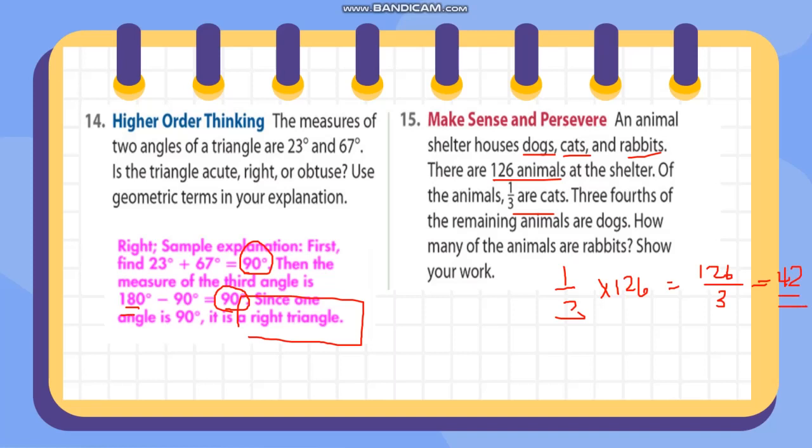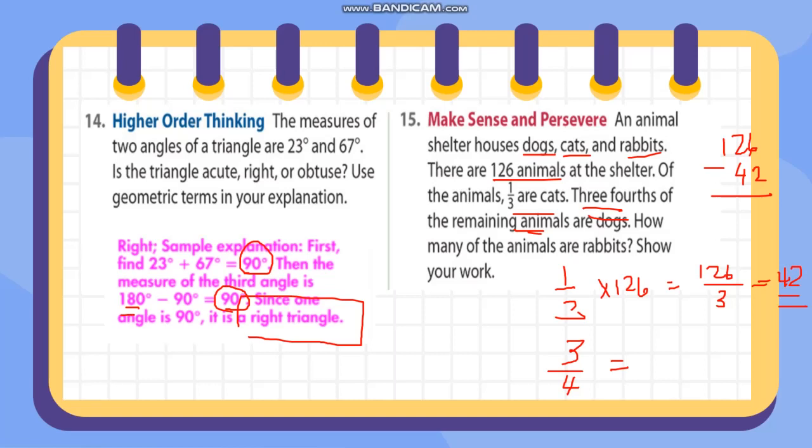Now, 3/4 of the remaining animals are dogs. So what is 3/4 of how many? The total is 126. We need to subtract the total number of cats to get the number of remaining animals. So 126 minus 42 is equivalent to 84. So 84 out of 126.